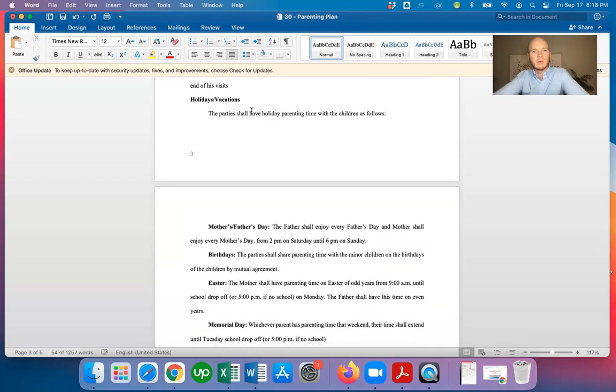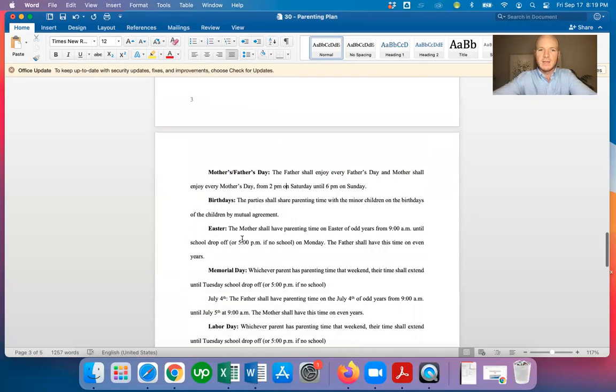And then you're going to want to figure out holidays. Sometimes you may have language that just says the parents will equally divide or equitably divide holidays and vacations by mutual agreement. Or if you've got folks who don't get along so well, or just want to have a set schedule, you can do that. Generally speaking, mom will get Mother's Day, dad will get Father's Day.